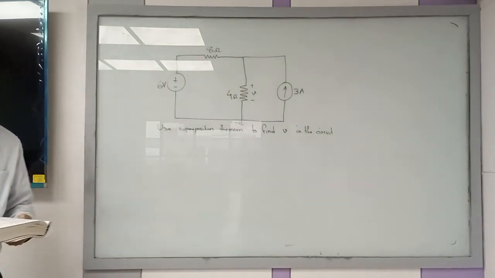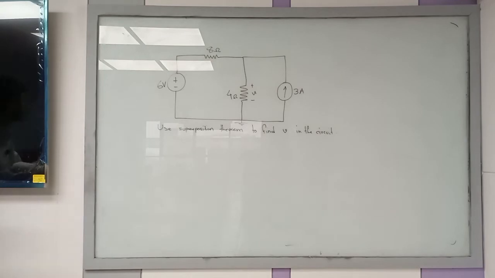This is the question. Simple question. You have to solve this by superposition theorem. So what will you do? So firstly, we source off for it. We have to make one of the sources live, and we have to shut down the other source, right?